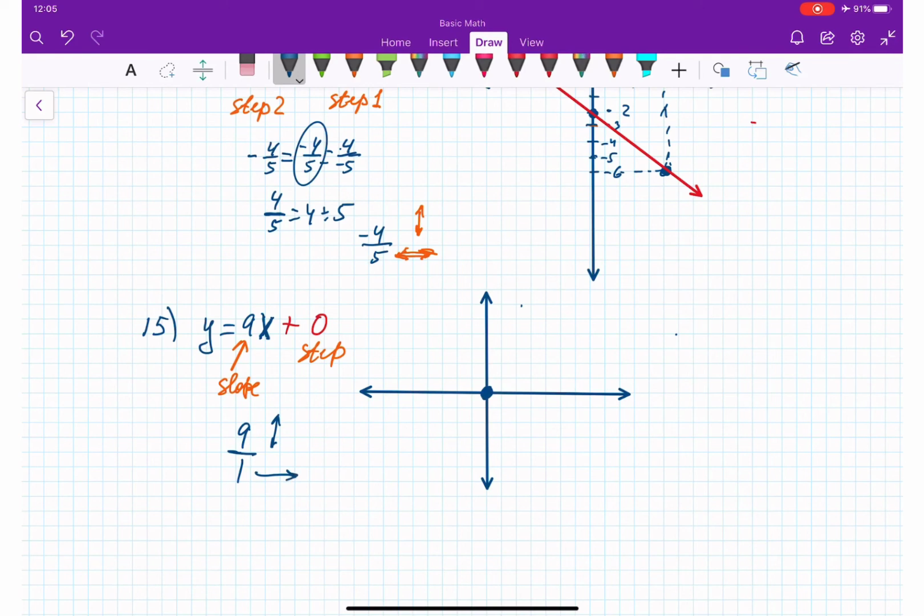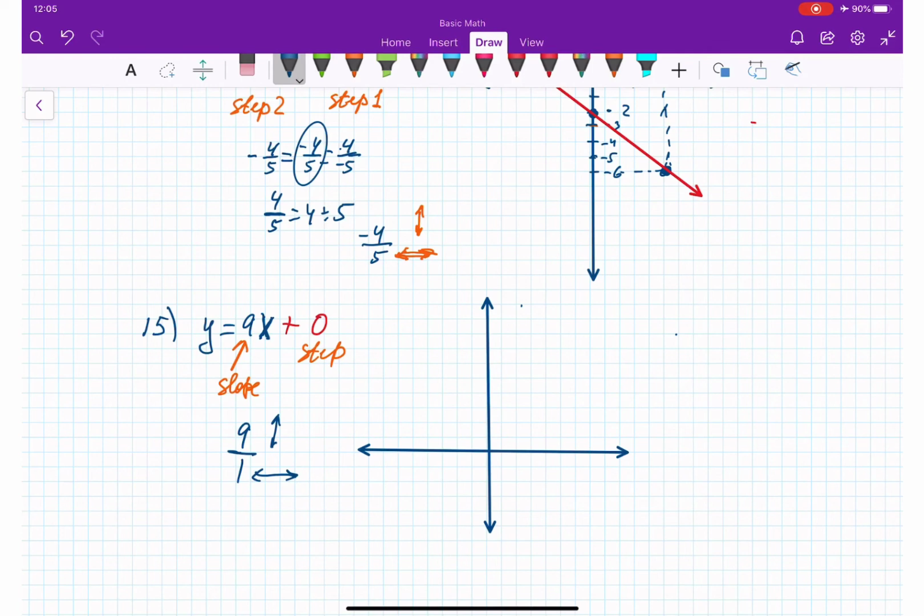Vertically and horizontally. Let me move this a little bit down, because I have to go up by 9 and I didn't have enough space.